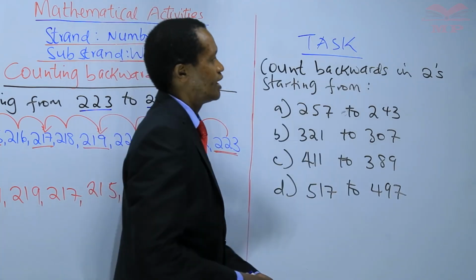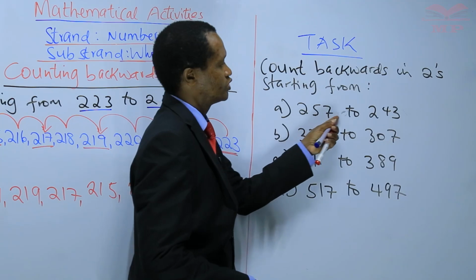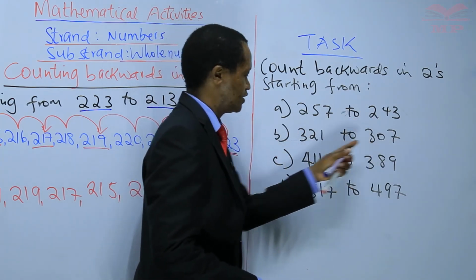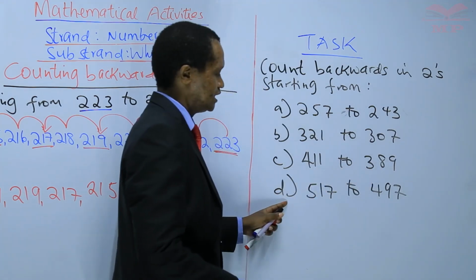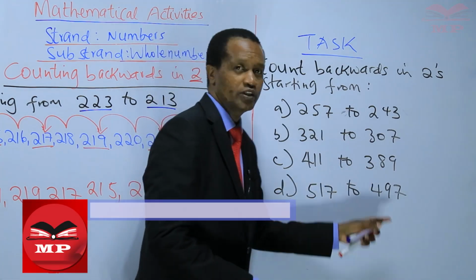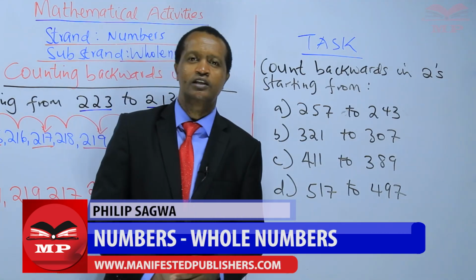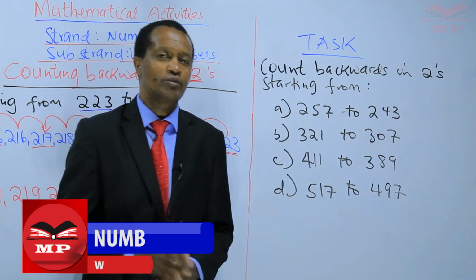Learners, count backwards in twos, starting from A, 257 to 243, B, 321 to 307, C, 411 to 389, D, 517 to 497. That is your today's assignment. Make sure the assignment is done before you come to our next lesson.